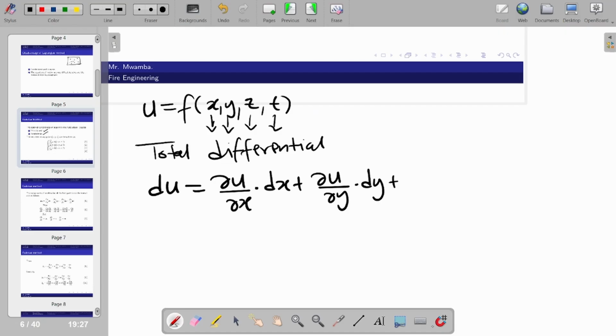So I'm asking, who can predict what will come after this? To find the total differential, I say du, the change in u, will be equal to the partial of u with respect to x times the change in x plus the partial with respect to y times dy. Remember, we have x, y, z, and t. We've done x, we've done y, then what should come here? Someone tell me what should follow.